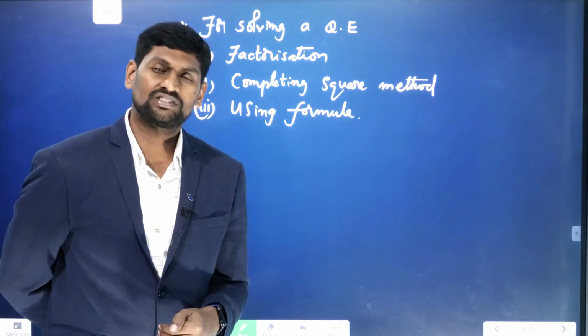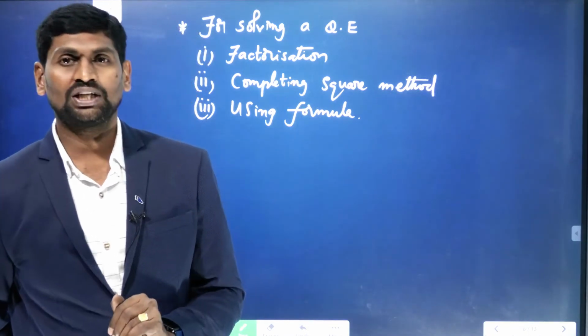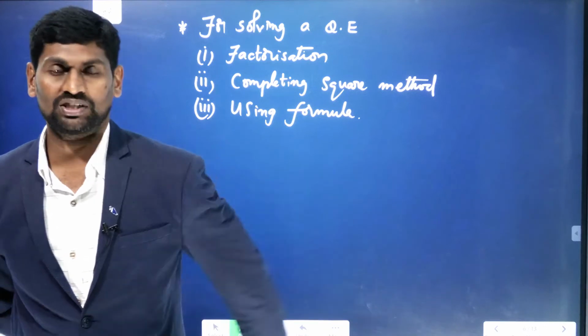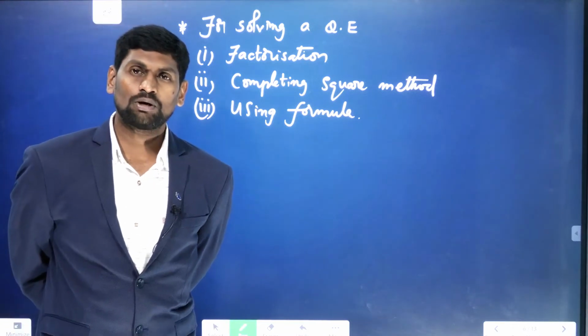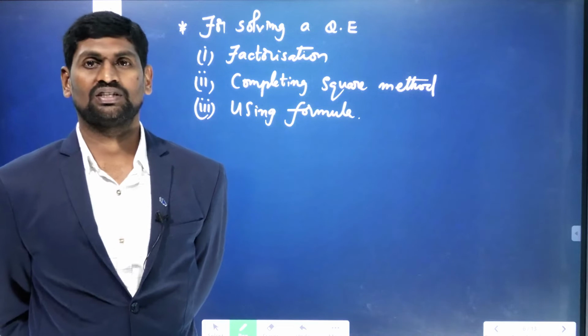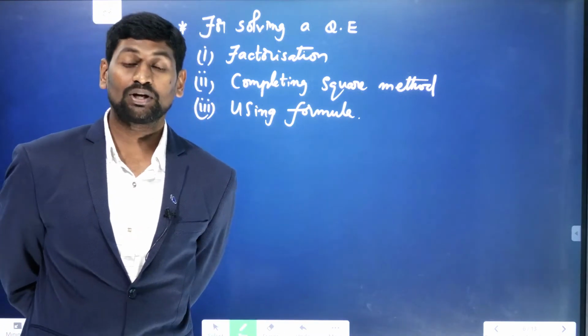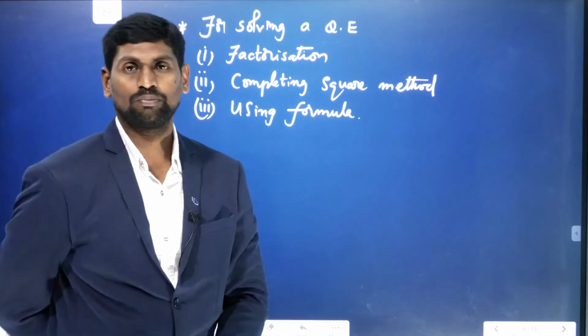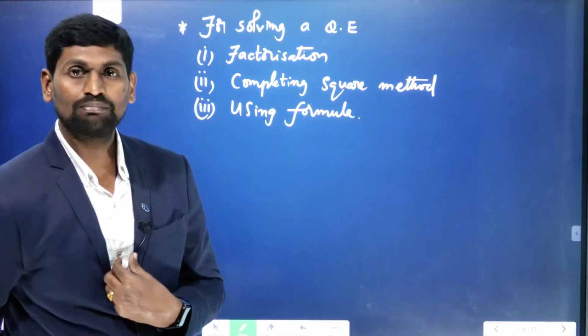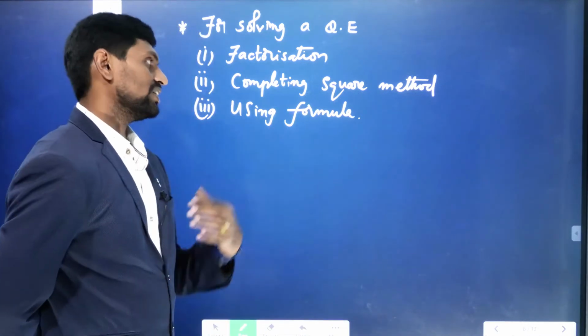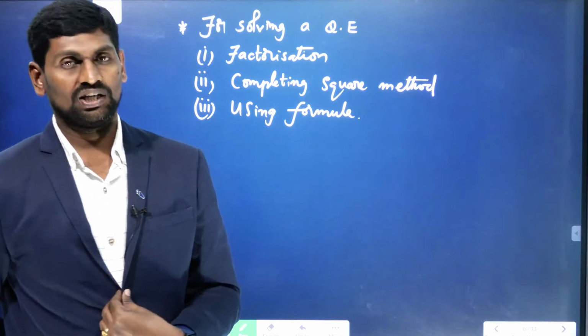No real roots means roots will be there, but the roots are in the form of complex numbers. In that case, we cannot find the factors by using the factorization method, then we use the formula.